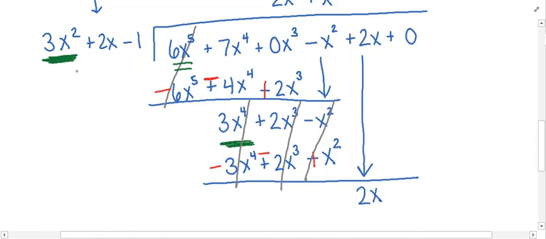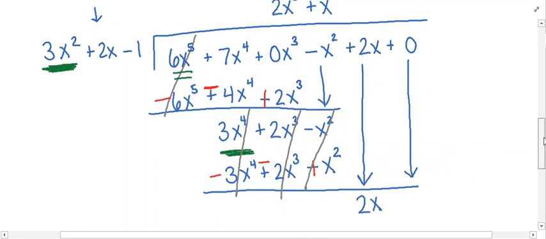And we have to stop because the 3x squared, this thing has a higher degree than this guy. So we can't divide this 3x squared plus 2x minus 1 into 2x. If we brought down the number as well, that's just a plus 0. So really the only thing that's left is 2x.